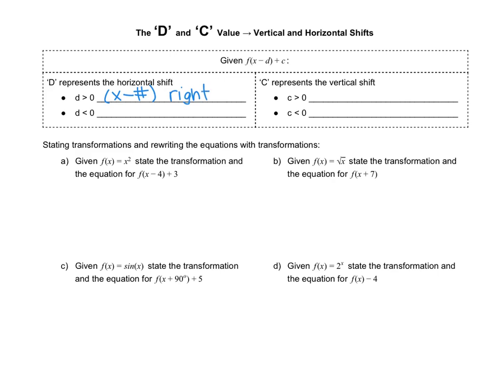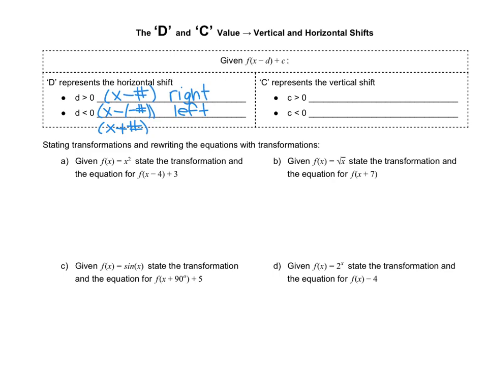When D is less than 0, what you end up having in your bracket is X subtract a negative number, and we know that two negatives make a positive. So that's actually X plus a number. That's how you would see it. So when you see addition in your bracket, you're actually moving to the left. And these are things you saw with parabolas in grade 10 as well. Inside the bracket, it was kind of like the opposite of logic.